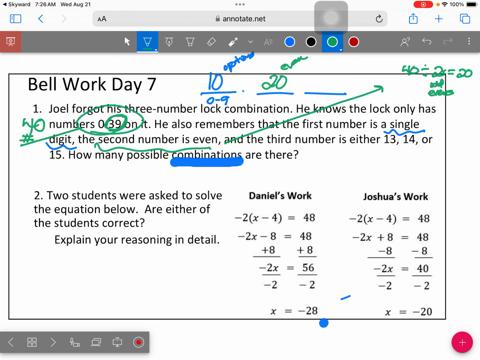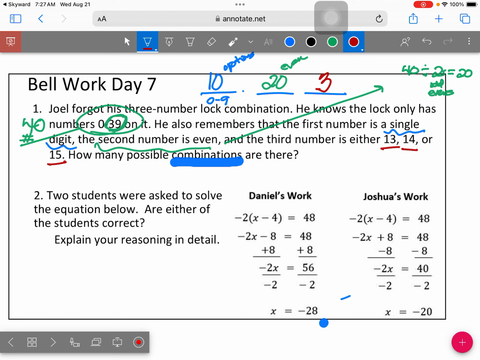All right, the third number is either a 13, a 14, or a 15. Jada, how many choices is that? 3. Excellent. So we have 3 choices for the third spot, 20 even numbers for the second spot, and 10 for the first spot.